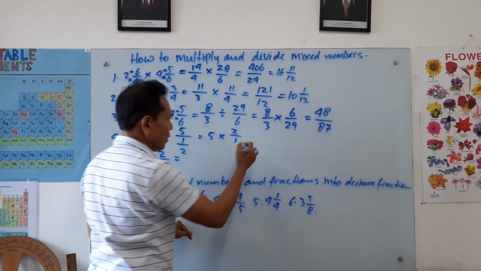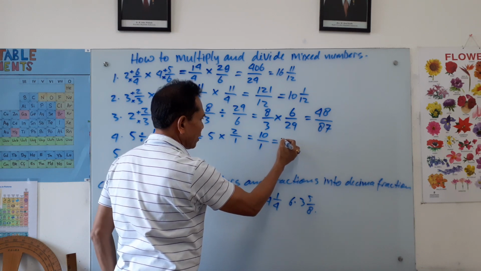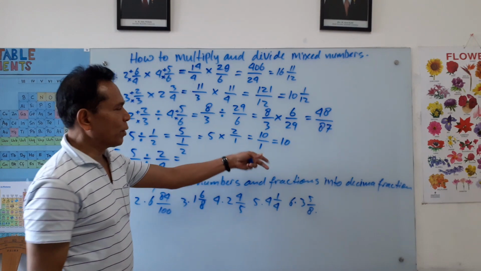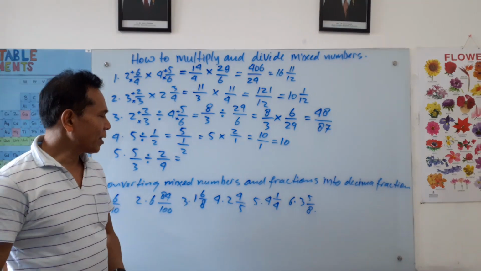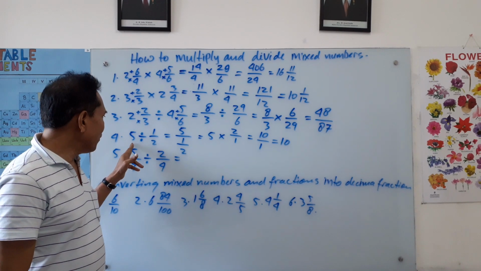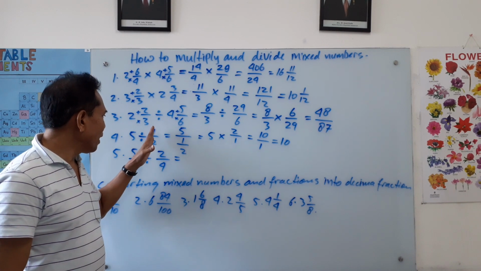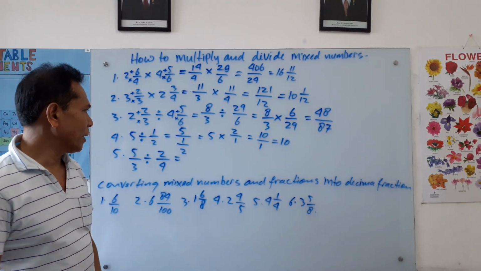Okay, so this one is 10 over 1, which is 10. Normally people don't write it, but we write it down like that in order to help us fix the problem. So 5 divided by half is 10.